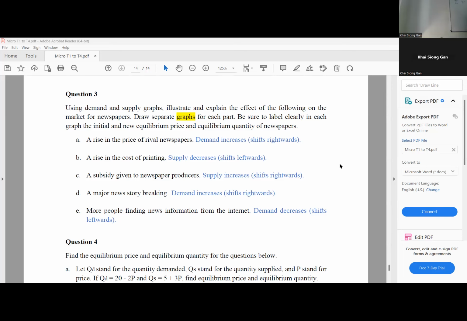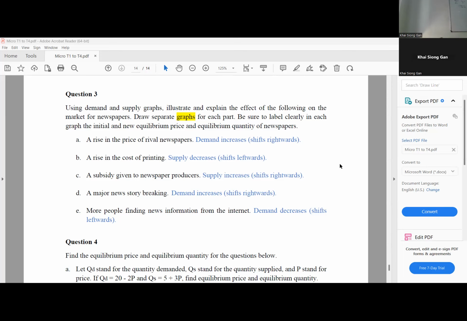So now this is my new equilibrium. So what's the answer? Higher equilibrium price and higher equilibrium quantity. Understand this one? Okay, do one more.